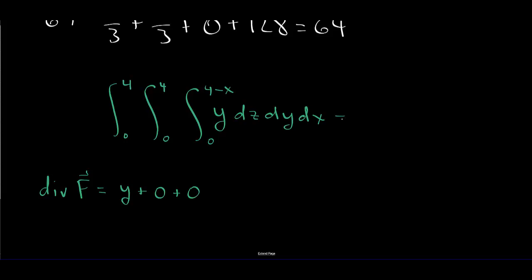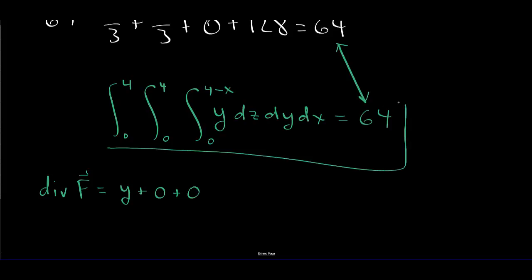I know you can. But what you're going to get is 64. Now, we got the same result with this method that we did from that lengthy method. Well, this is an illustration of the power of the divergence theorem. And that's the subject of this section.